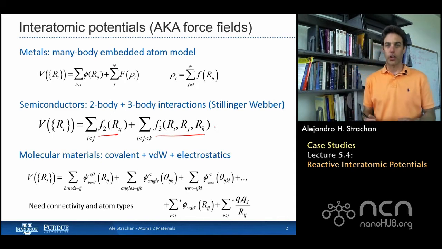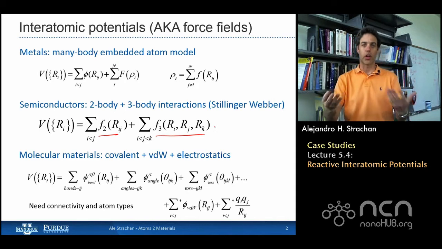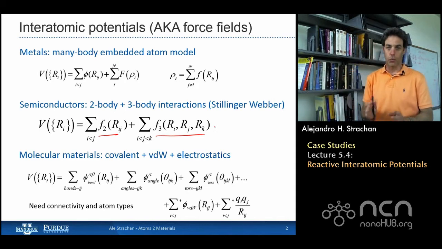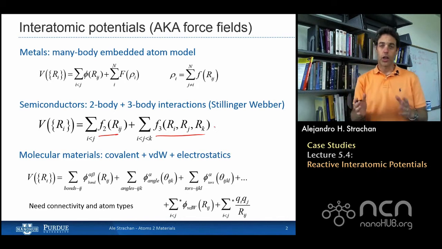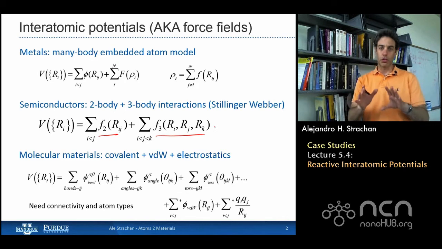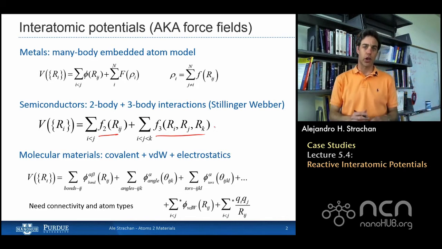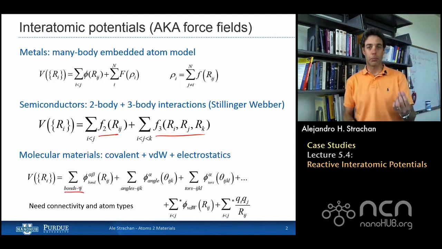And the covalent interactions have to do with bond stretch and angles and torsions and other sorts of terms. Now, one aspect of these potentials that we discussed is that I need to start with the connectivity. I have to determine the connectivity before I start the simulation. The list of bonds needs to be prescribed.